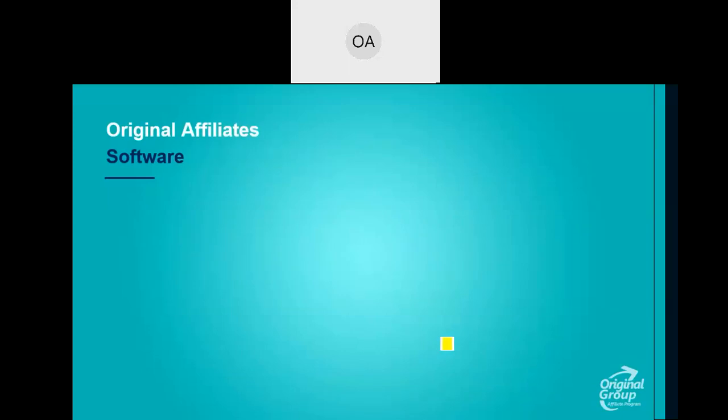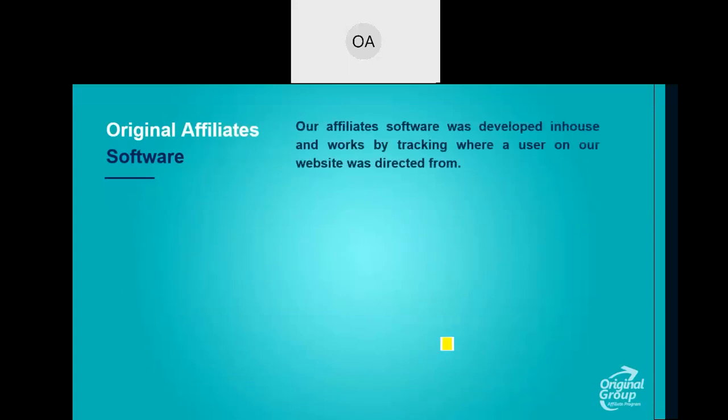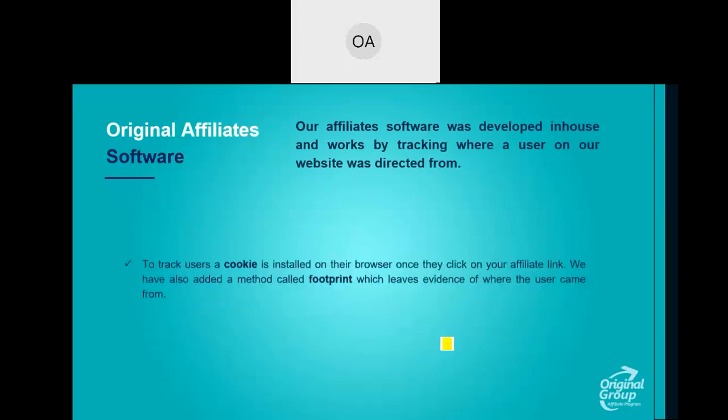So what is the original affiliate software? It's a software that was developed in-house by our webmaster programmer. We put together numerous templates and tracking software based on cookies that would allow us to know where a user came from and then track the conversion in case a sale was generated as well.